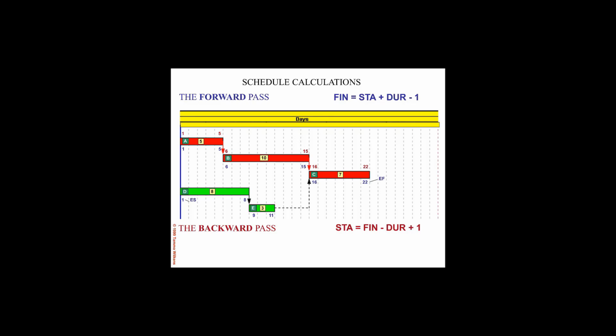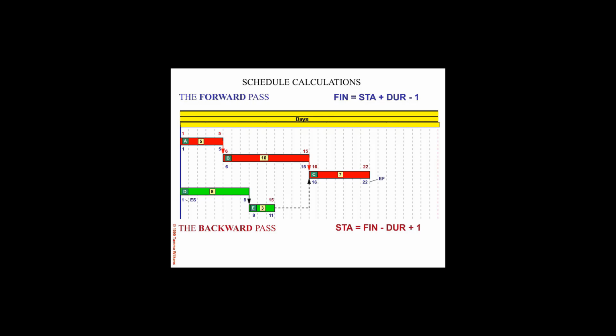Now you notice here for the red activities, the early dates and the late dates are the same, and I will explain that in a moment. Now, activity E also has a late finish date, which is the day before its successor start date.